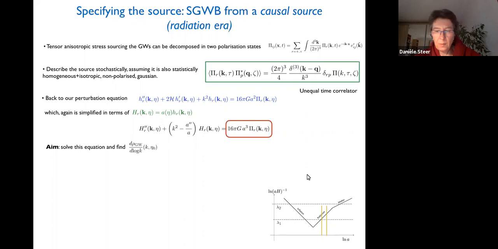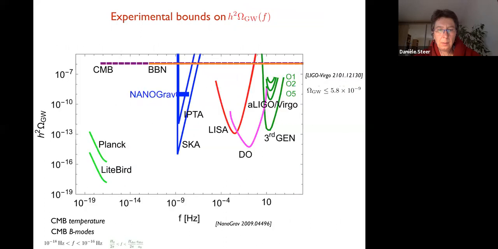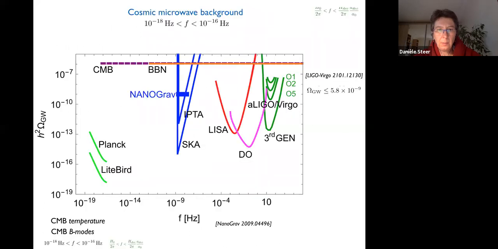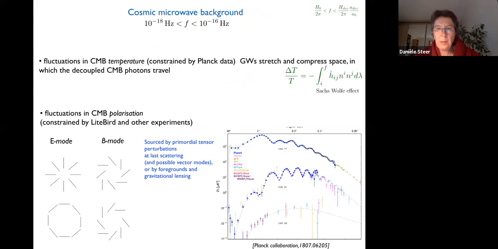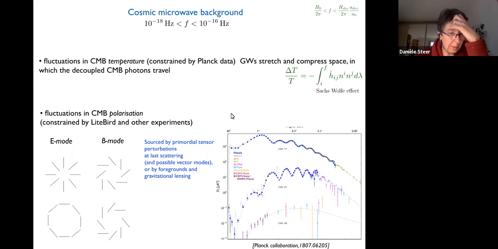Sorry, let me think about that question. So your question is, sorry, let me go back. Let me try and find it. Your question is, so here the h is the perturbation of the metric. Is your question saying that astrophysical sources will also produce, I guess, gravitational waves, right?